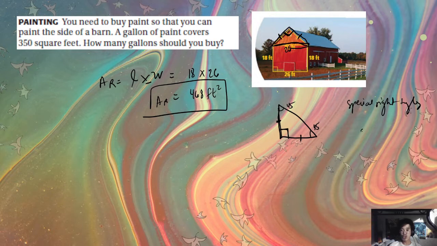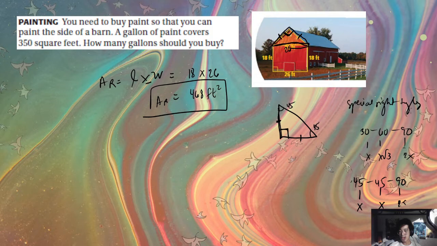The first one that you've encountered is the 30, 60, 90, which measures x, x square root of 3, and 2x in terms of side measurement. But a 45, 45, 90 is a lot simpler. If the 45 degree angle has an opposite side of x, it follows that the other 45 would also have a side measurement equal to x.